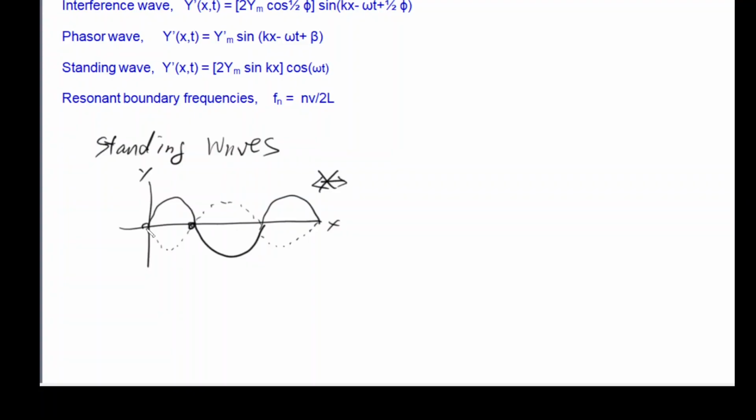And these minimum points never move. They remain the same. And those points are nodes. Those are minimum points in a standing wave. And these maximum points, okay, these are antinodes. And they're the maximum points in a wave.